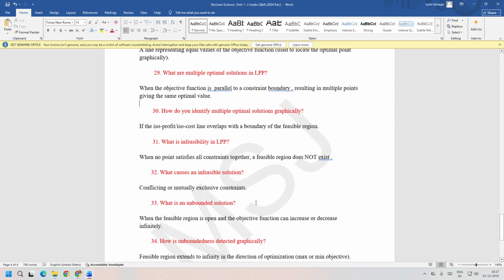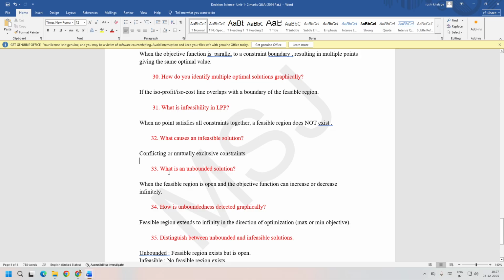What is infeasibility in LPP? When no point satisfies all constraints together, a feasible region does not exist. What causes an infeasible solution? Conflicting or mutually exclusive constraints cause the infeasible solution.